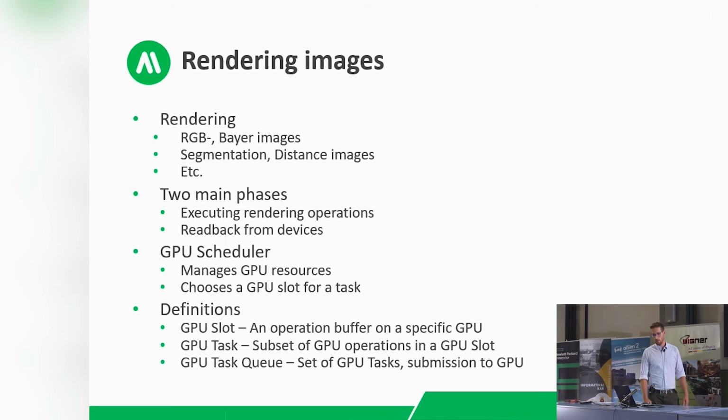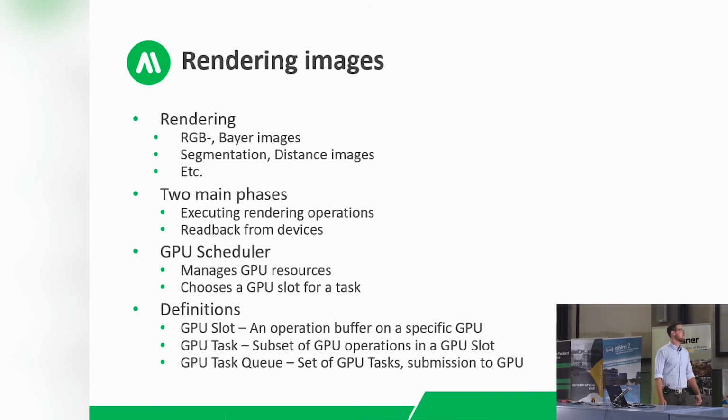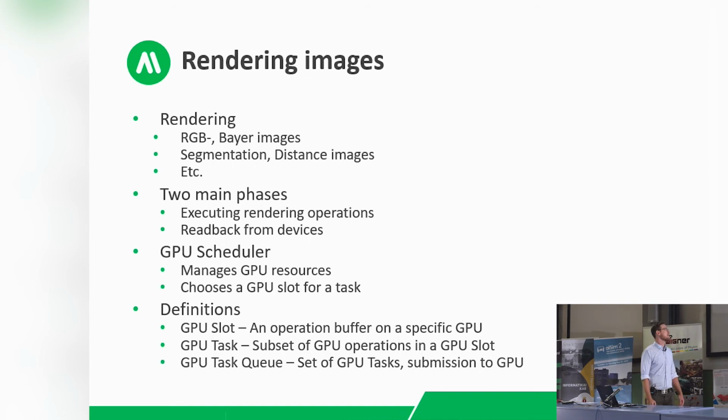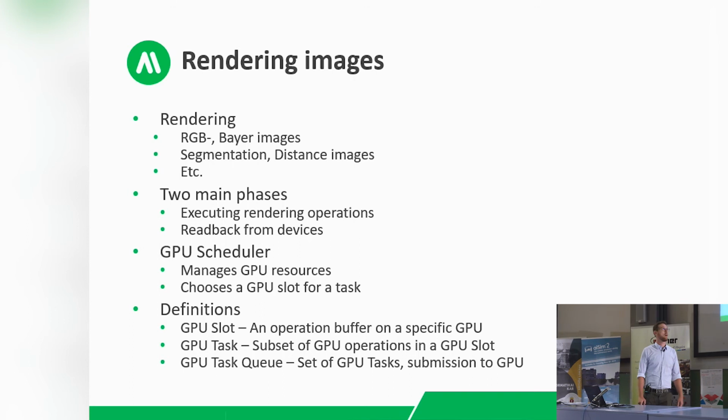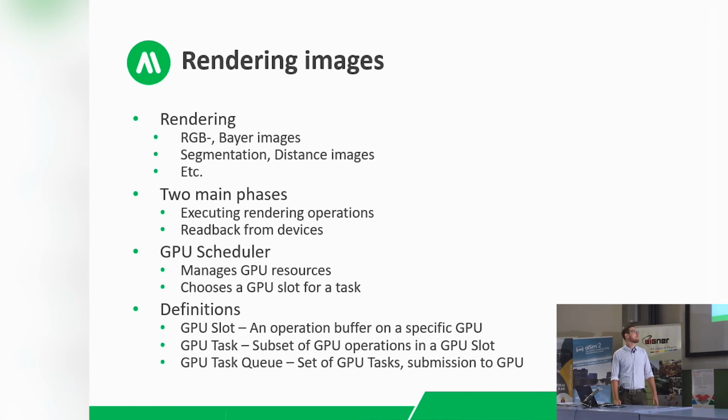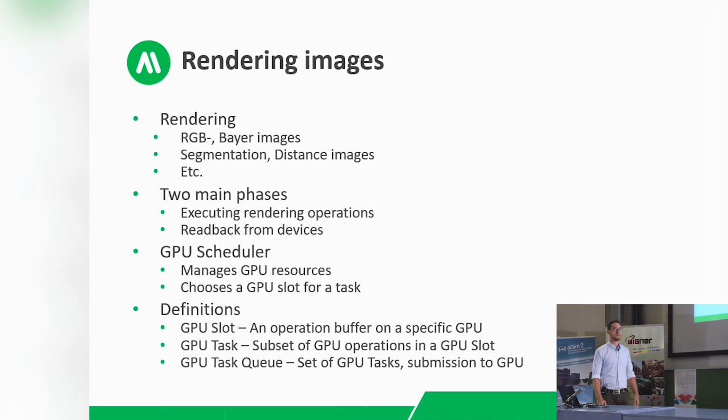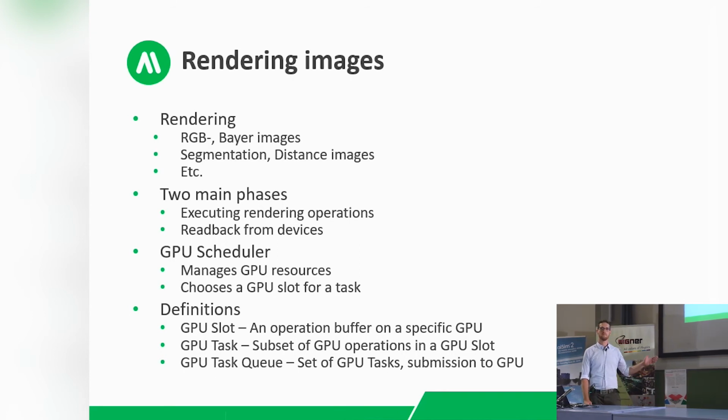We have to collect and execute our rendering operations, then do the rendering, and we have to read back the images from the device. The purpose of this is that we can overlap these two phases and gain performance.